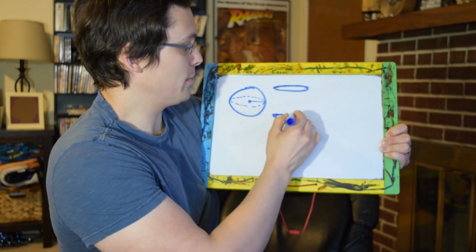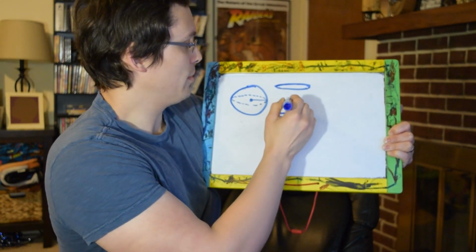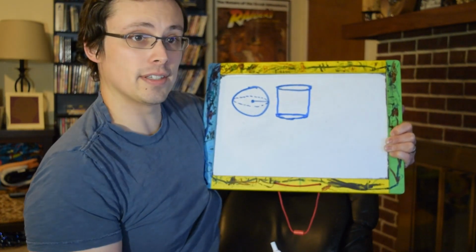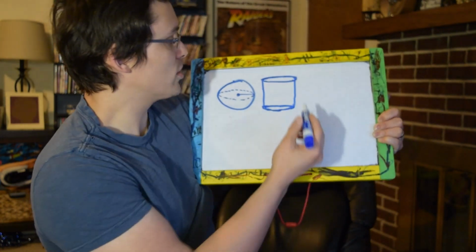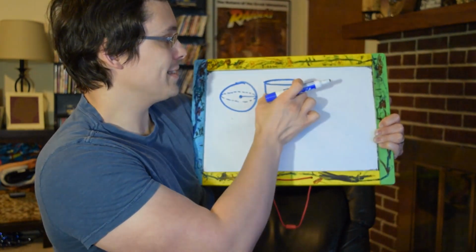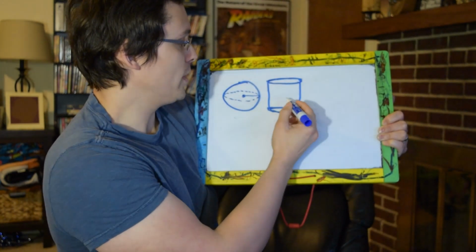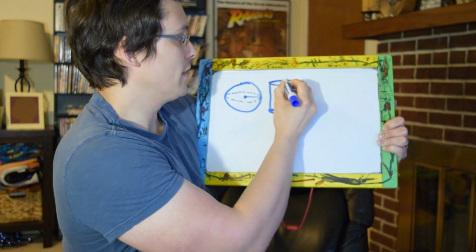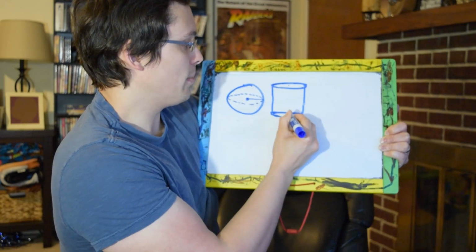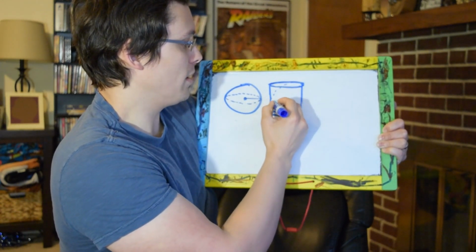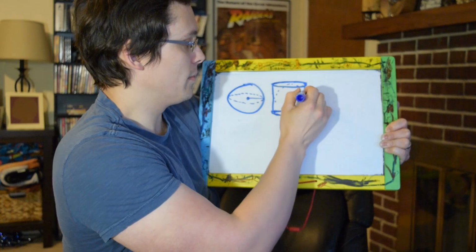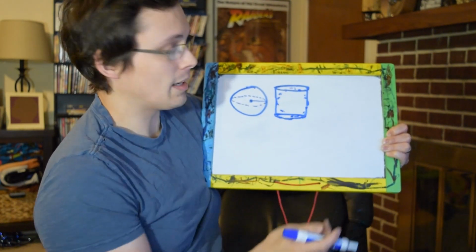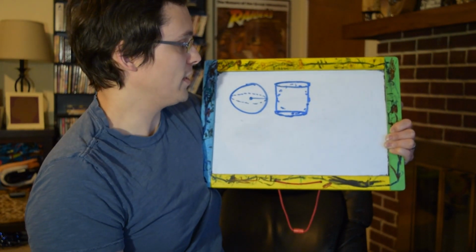Now, I don't know how well I will draw this, but we have a cylinder that is exactly the same height as this sphere, this ball, so that if you put the ball inside the cylinder, it would touch the edges here and would also touch the top and the bottom. So your ball would fit perfectly inside. You could not fit a bigger ball, and the tops and the bottoms filled that up completely.